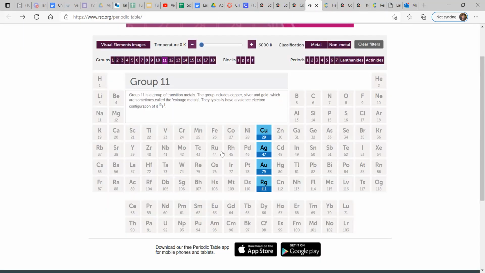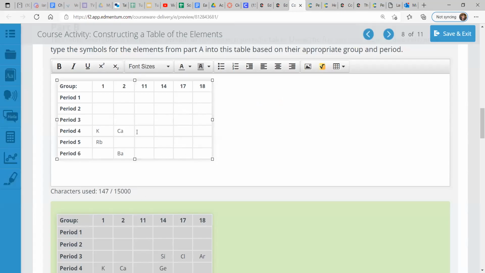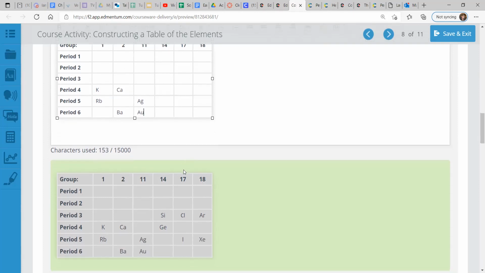But here we'll just put silver and gold in periods 5 and 6. Got AG for silver and AU for gold. And then so on and so forth.